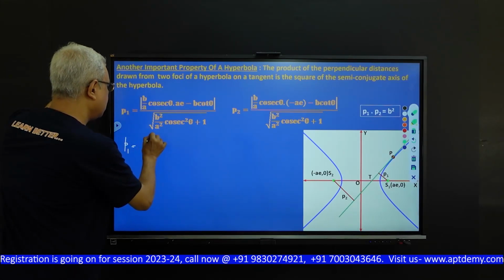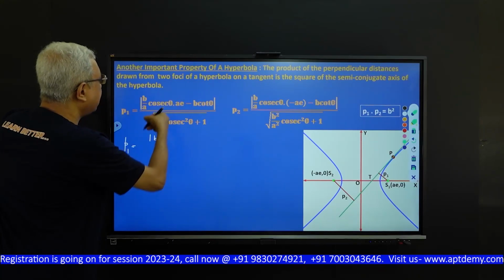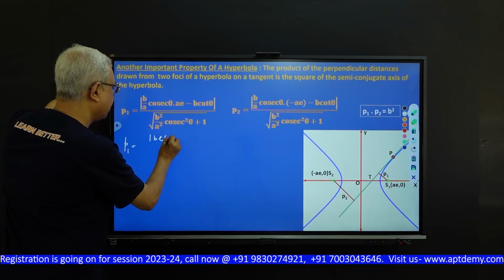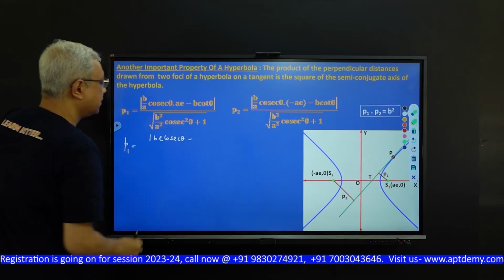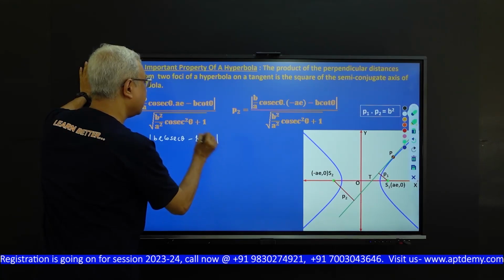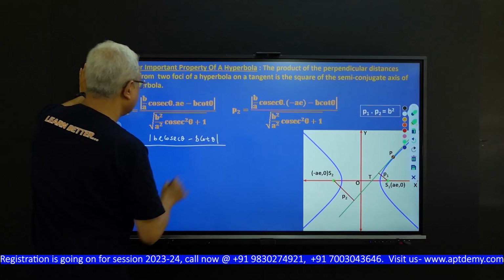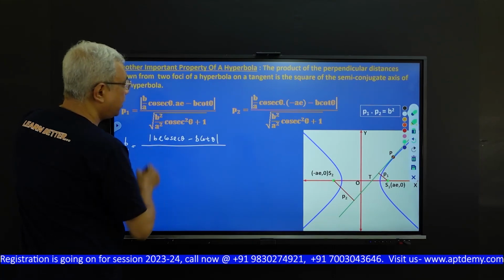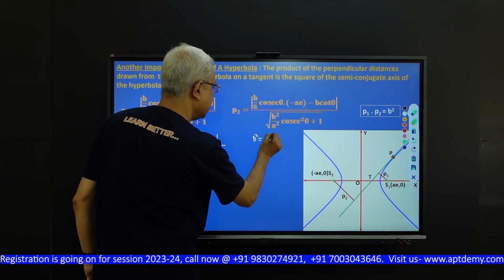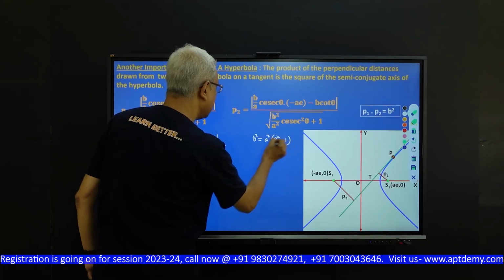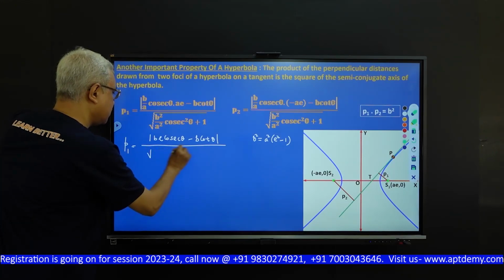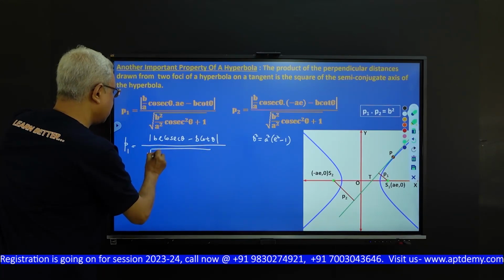So mod B, A cancel, so B E cosec theta minus B cot theta divided by B square by A square. B square is actually A square, E square minus 1. So B square by A square is E square minus 1. So I can write it is under square root E square.